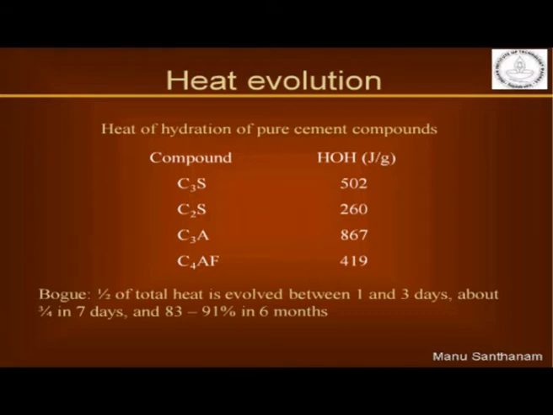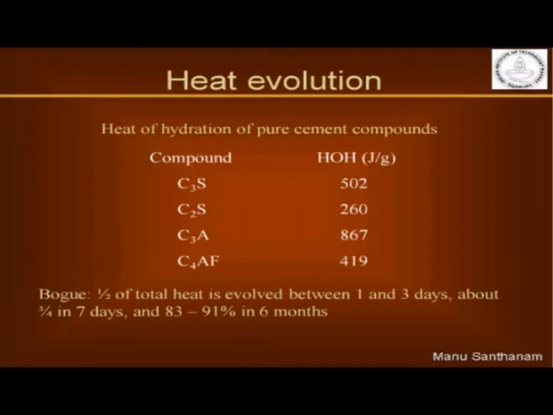Why is that? Because your concrete raises its temperature when the cement hydrates and liberates heat. So the concrete raises its temperature, and when it starts to come back to the normal atmospheric conditions, there is going to be a reduction in temperature. So there will be a contraction, and any expansion or contraction in concrete will obviously have a very large effect on the cracking potential of the concrete.